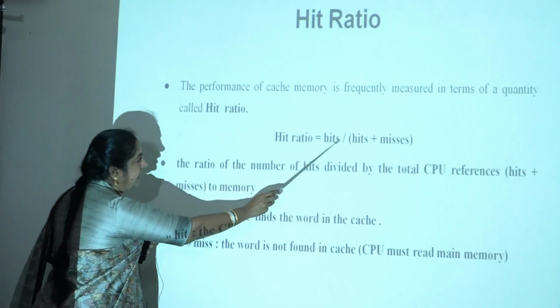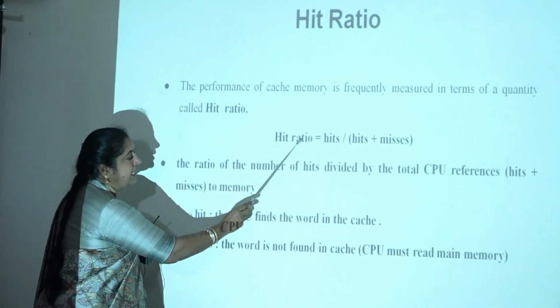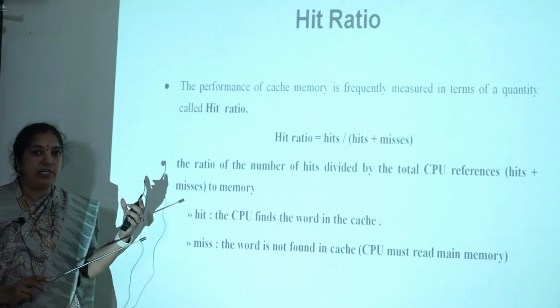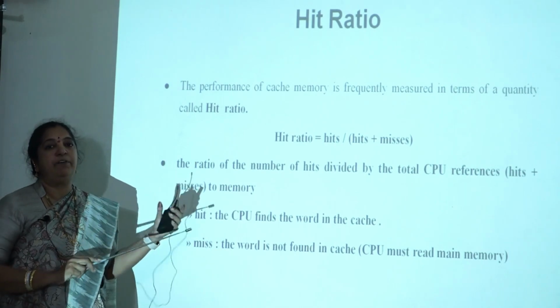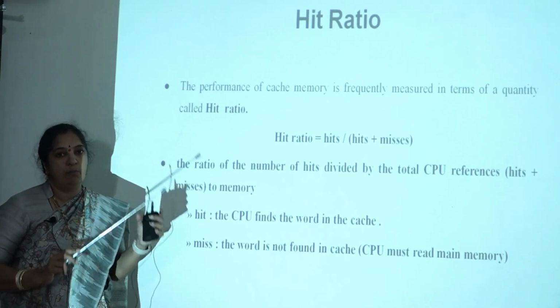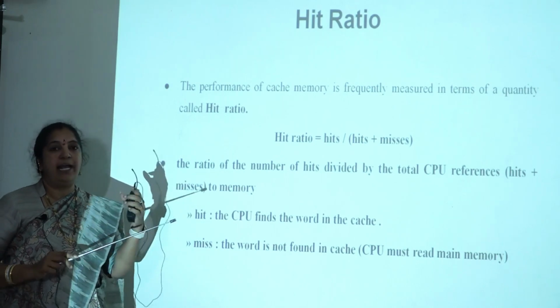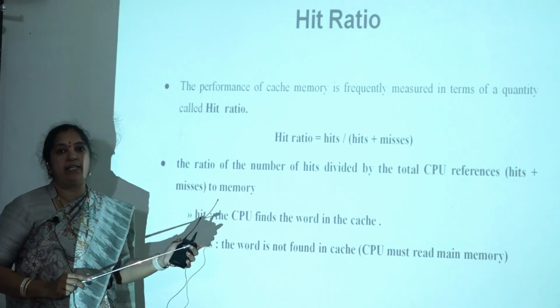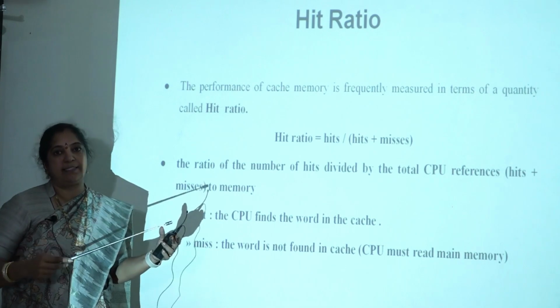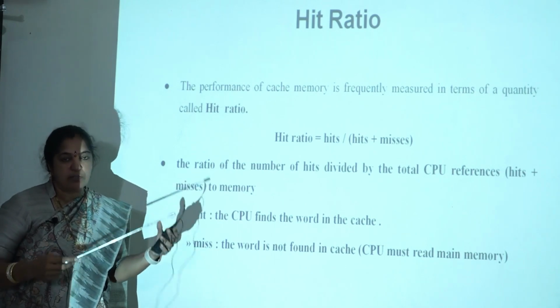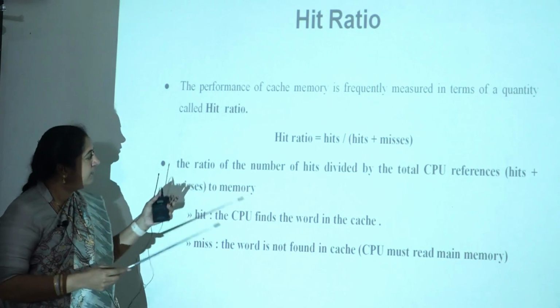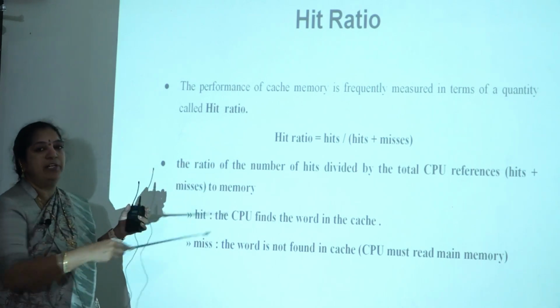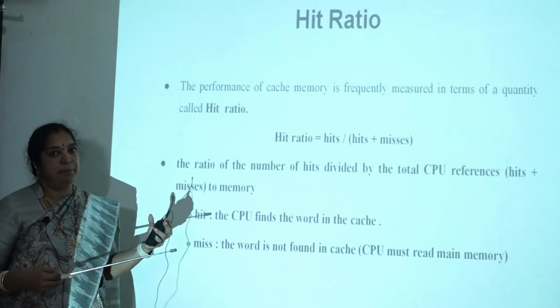This ratio is called the hit ratio. If the hit ratio is higher, the performance of the processor is higher, as the main purpose of maintaining the cache memory is speed of access. We want to access in a fast manner, and when the word is available in the cache memory, we can access it quickly.